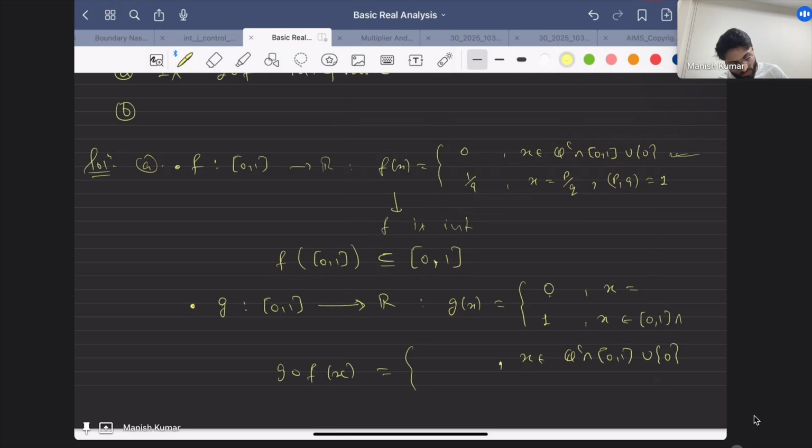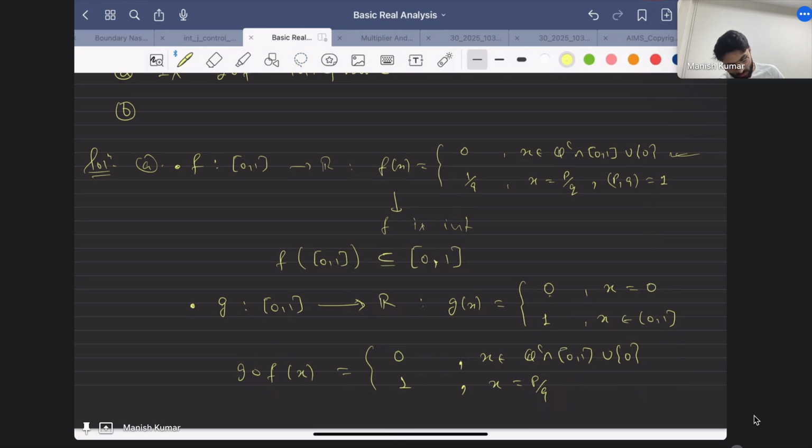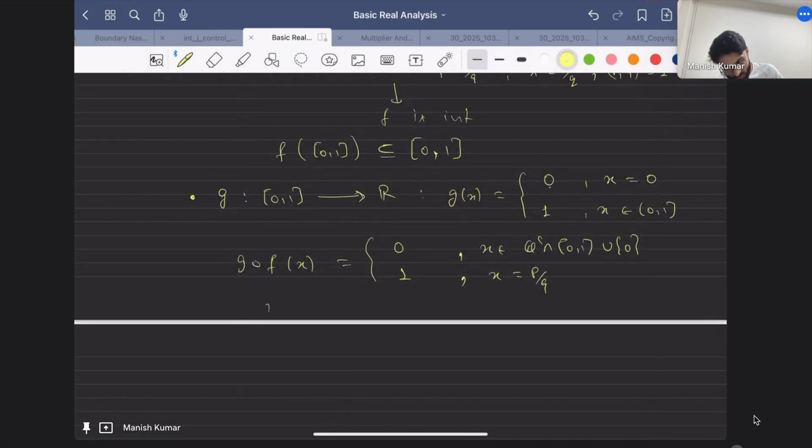Okay, now I think it's okay. And if I take x to be other than this, so if x is equal to p by q, then I know f(x) is going to be a non-zero number lying between 0 and 1, so the function value would be 1, and in this case this composition won't be integrable. This g composed f is not integrable.